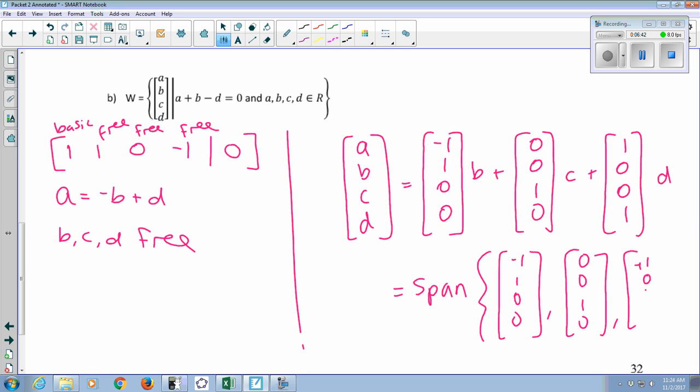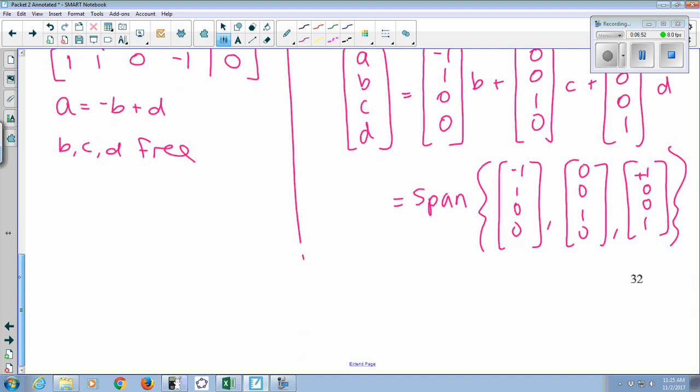Those 3 vectors form a linearly independent spanning set. This was how we found the null space, remember? Which means that my basis is just those 3 vectors.